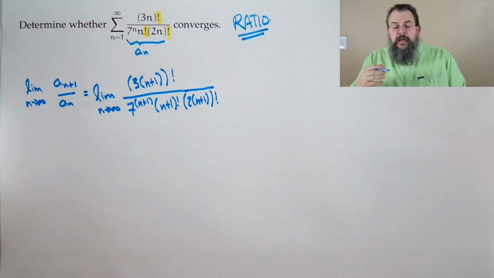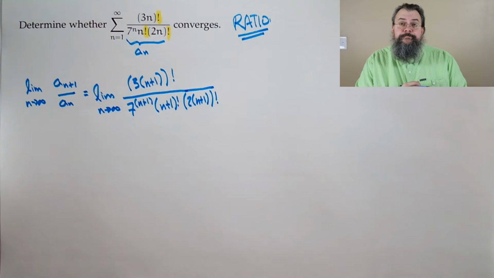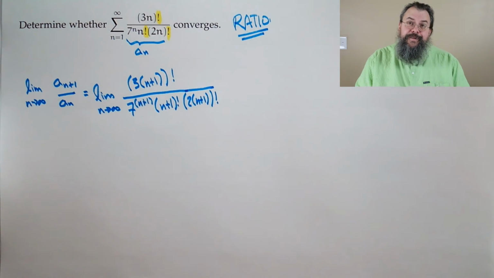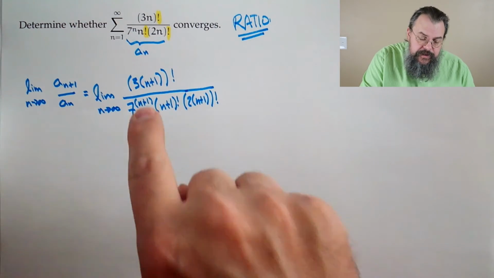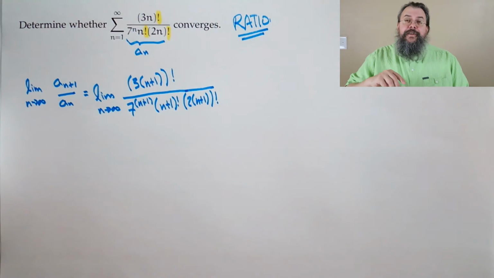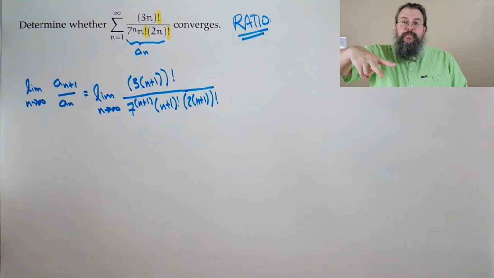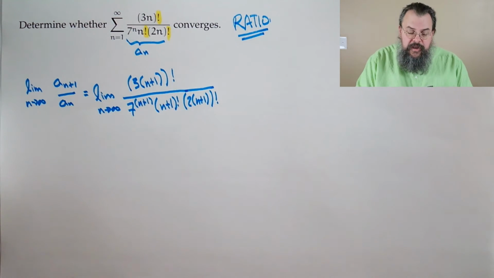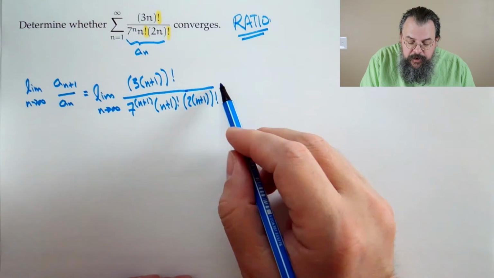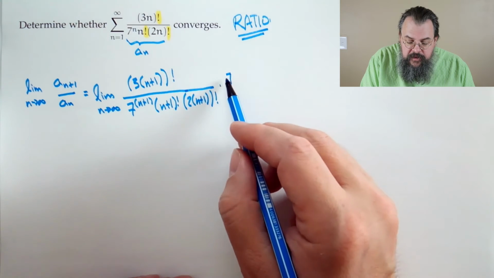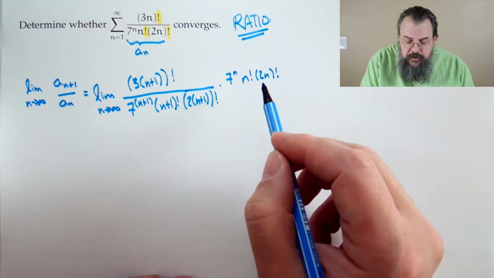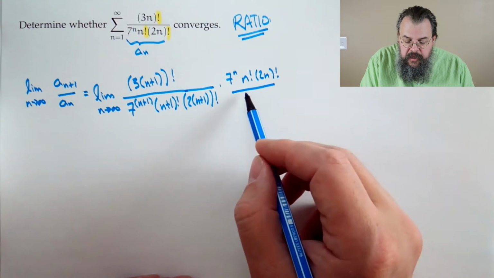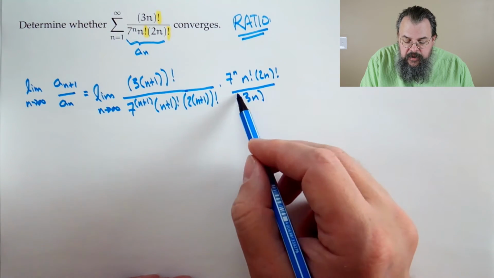Sorry, excuse me, that's a sub n plus 1. All right, now, what about a sub n? Well, there it is. Now, since we're dividing by it, it's the same as multiplying by the reciprocal. So I'm going to go ahead and multiply by the reciprocal. 7 to the n, n factorial, 2n factorial, divided by 3n factorial.